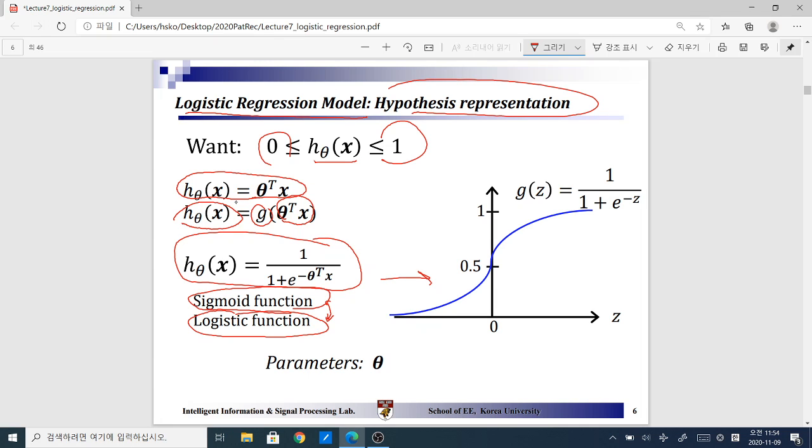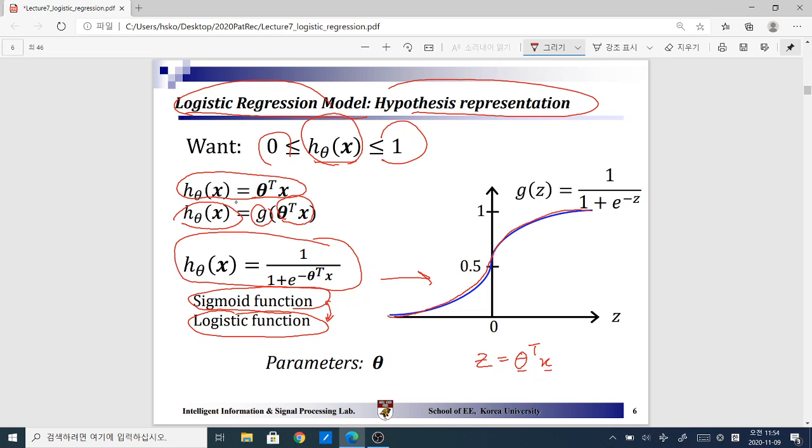Meaning that, as you can see, the g function itself, or the new hypothesis function, which is called the logistic regression model, now has this type of function, so that at the let's say z, where z would be theta transpose x, which is essentially a dot product between once again the parameter and the feature.